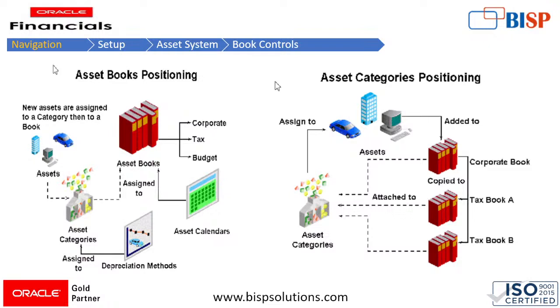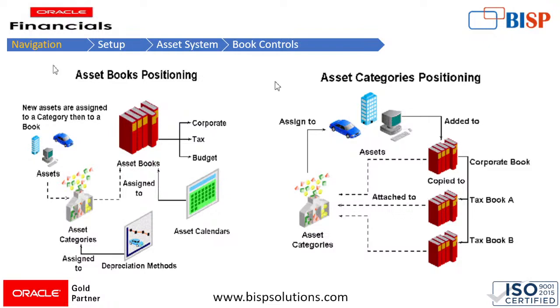You specify the current open period and initial mass copy of each asset into tax book from the corporate book as of the end of the fiscal year in the corporate book. So you can define the corporate, tax, budget book.